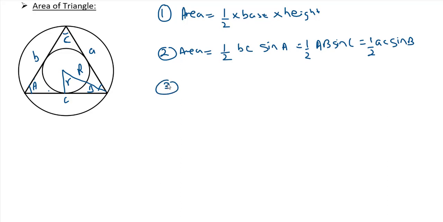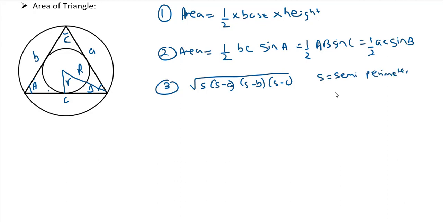Then another formula is Heron's formula, which is given by the square root of s into s minus a into s minus b into s minus c, where s is the semi-perimeter. So what is the semi-perimeter? The perimeter is the sum of the lengths of all the sides of the triangle, so the semi-perimeter will be half of it. This is the value of s.